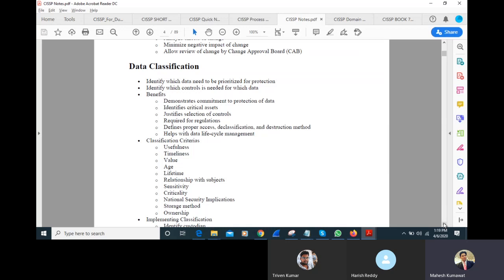With data classification, we have the data prioritization and we can provide some controls. We understand that this is a critical asset and this is not a critical asset.